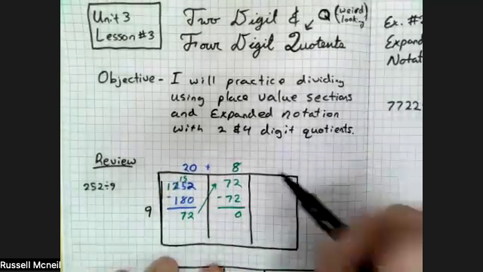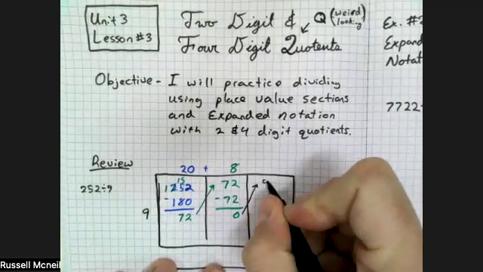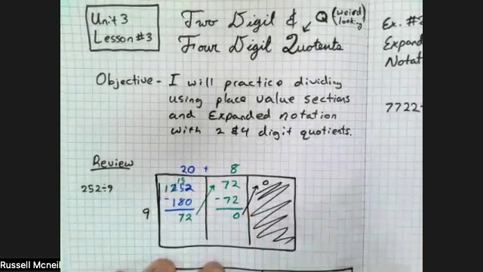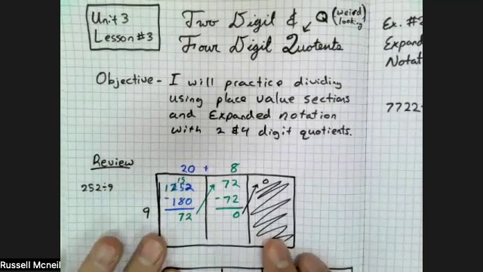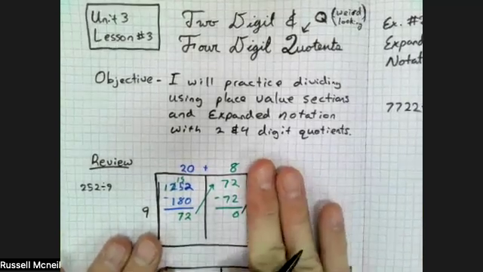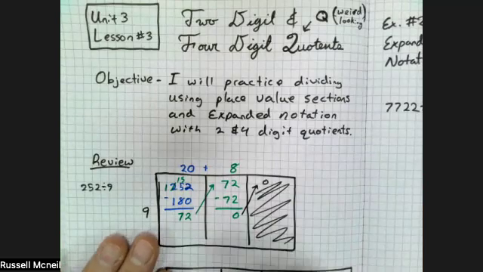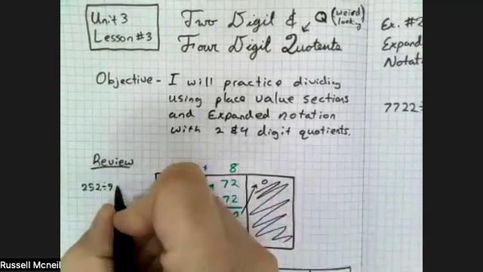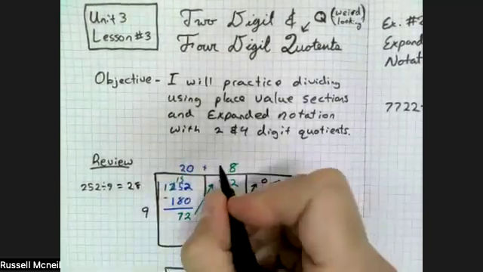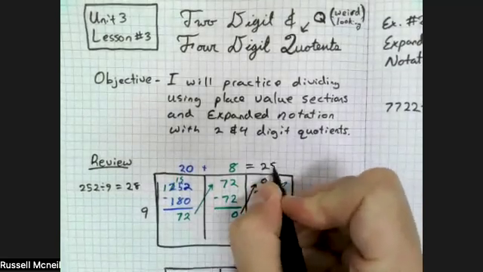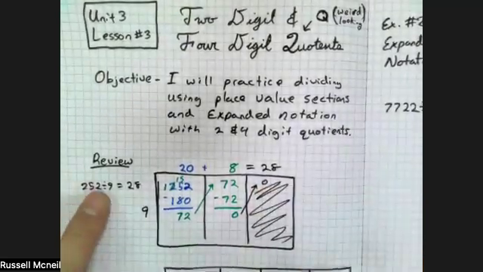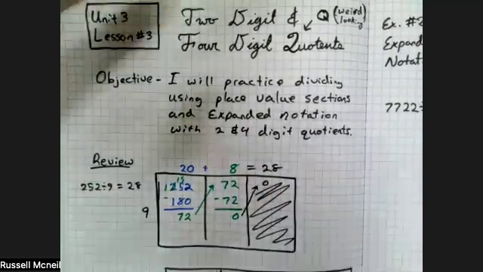When there's nothing to move up, so if we move that 0 up, really we need nothing in this box. So we want to prepare for a larger number, but if we end up hitting a dead end, that's our answer. So the answer here is 20 plus 8 is 28. So 252 divided by 9 is 28.